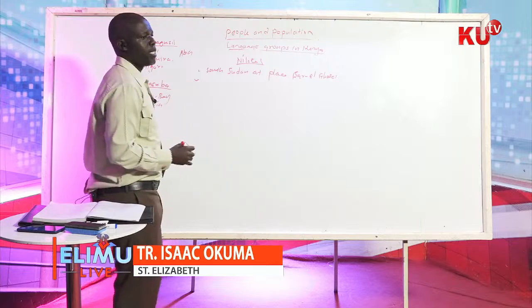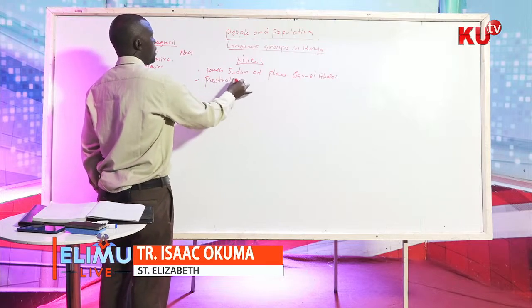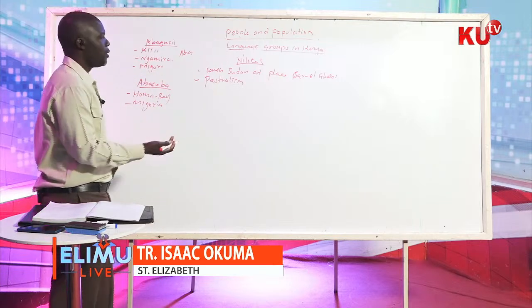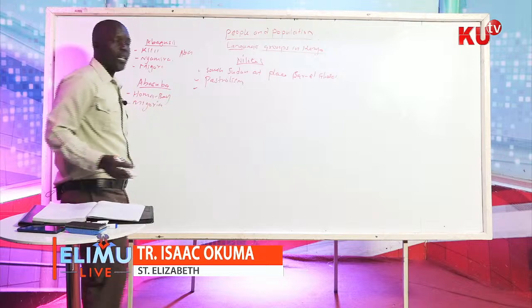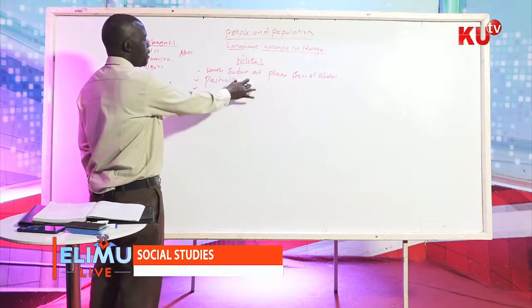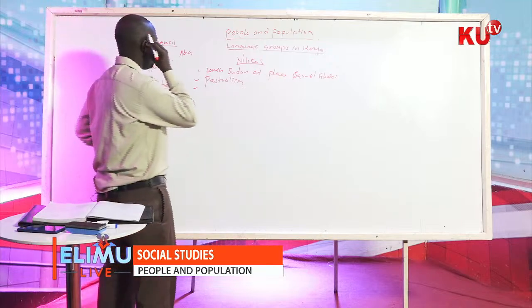Then their main economic activity is pastoralism, even though some, like the Luos, are said to be fishmongers, but the main economic activity of all the Nilotes is pastoralism.